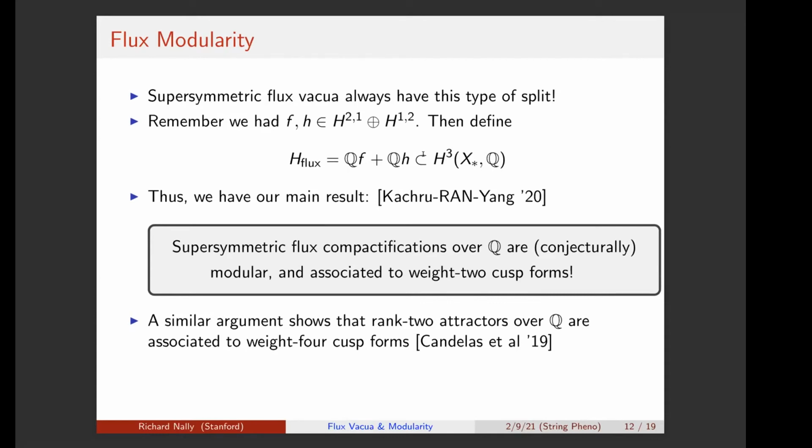So the previous result kicks in, and we have our main result, which is that supersymmetric flux compactifications over Q are, up to some technical assumptions, modular. And they're modular in such a way that they're associated to weight 2 cusp forms. And I should say that you can apply a similar argument to rank 2 attractors to see that they are associated to weight 4 cusp forms.